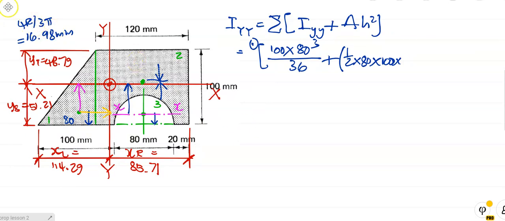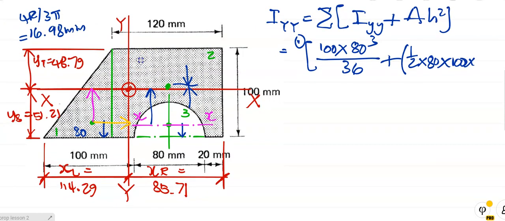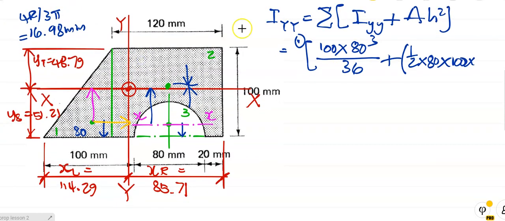Work out the answer and check mine. And I got, what did I get? I got 60.96. Hopefully it's correct. 60.96 squared.